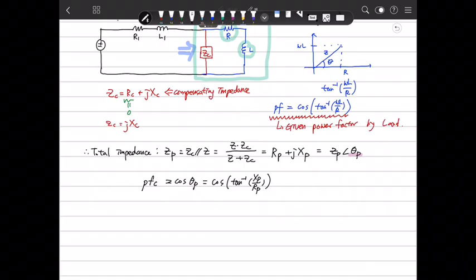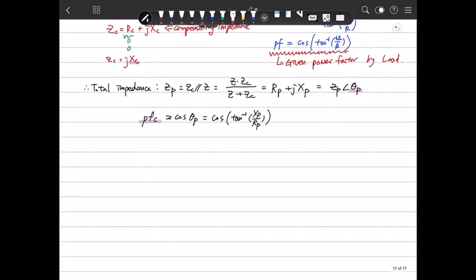So that means if we design the XC, we can make a new power factor. We need to correct the power factor by including the compensating impedance. To get PFC, we need to know ZP.